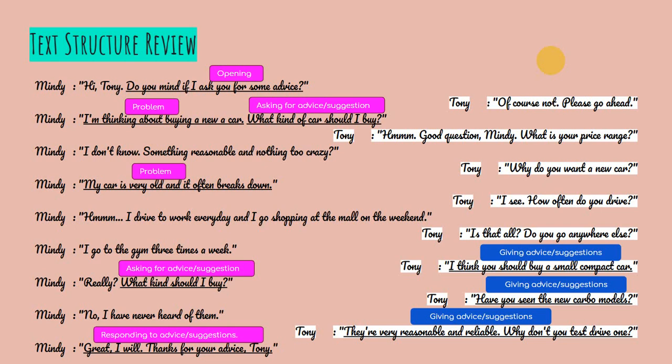But in here, Mindy hasn't found an exact solution. So Mindy asked Tony once again, "What kind of car should I buy? I mean, which small compact car?" And then Tony comes with another solution.